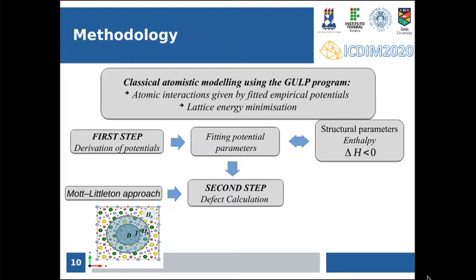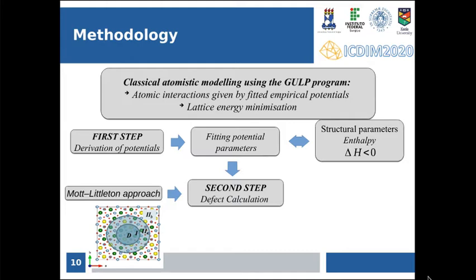First, we fit a set of potentials to reproduce the material structure and its precursor oxides. A good potential will reproduce a structure with less than 2% error and the precursor oxides with less than 5%.